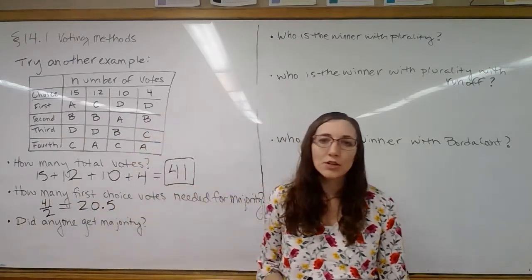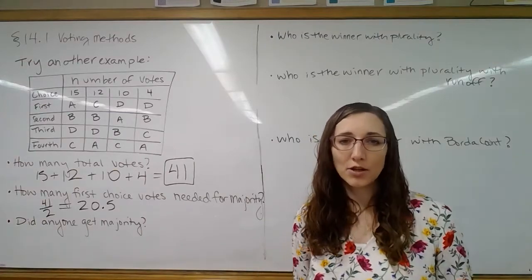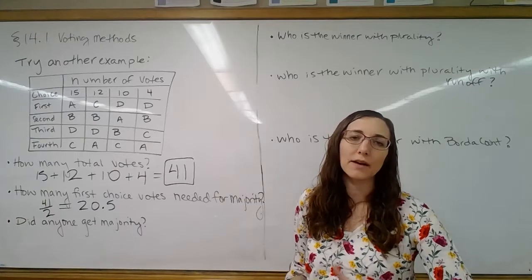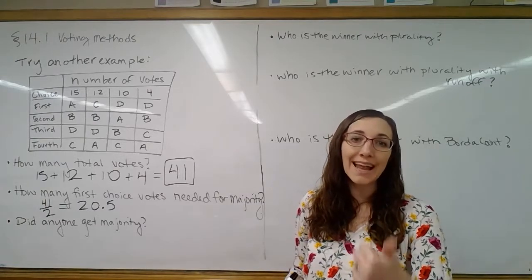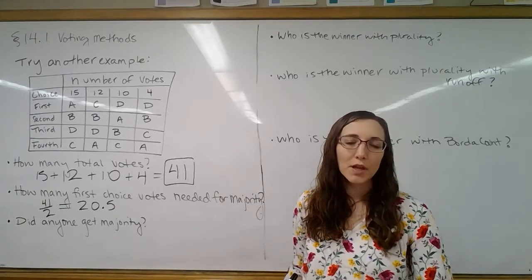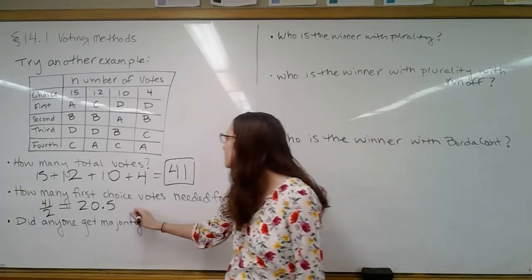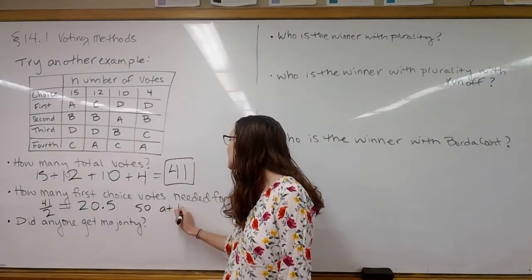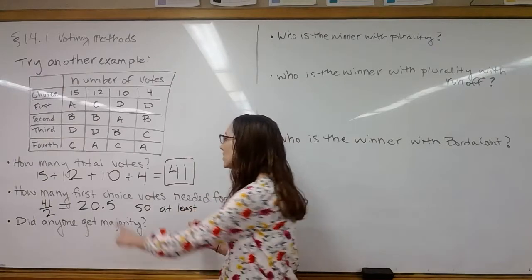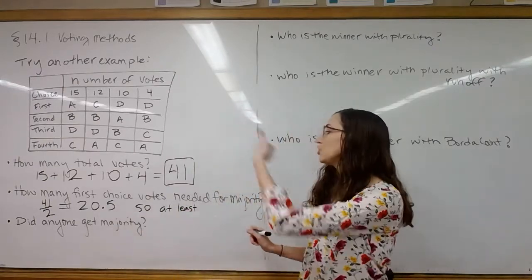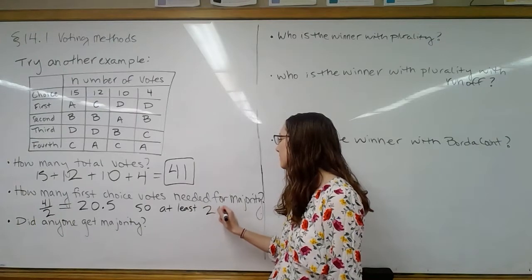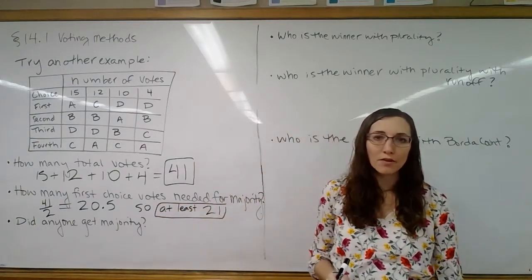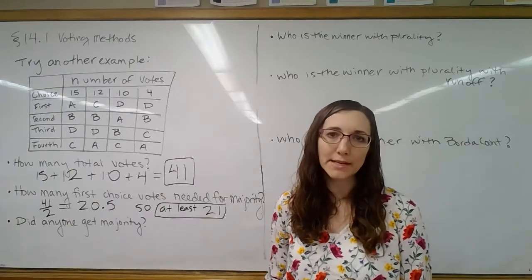This is a new type of thing we could see, a fractional half. But remember, either way, we have to go more than half, so we have to bump it to the next whole number. More than 20 and a half would be 21. So at least 21 votes for majority.